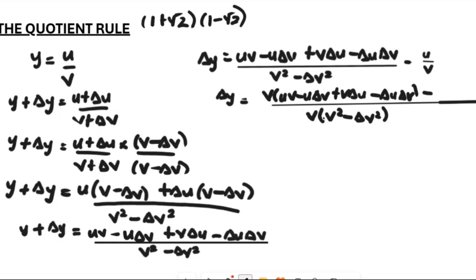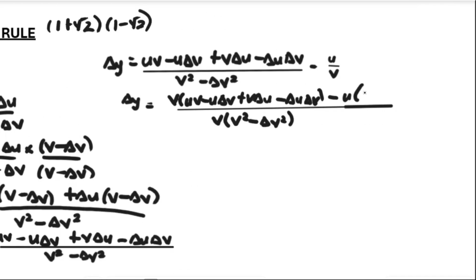So v in this remains v squared minus delta v squared multiplied by u. So that will give us u multiplied by v squared minus delta v squared. So from here, delta y will give us v times uv will give us uv squared.